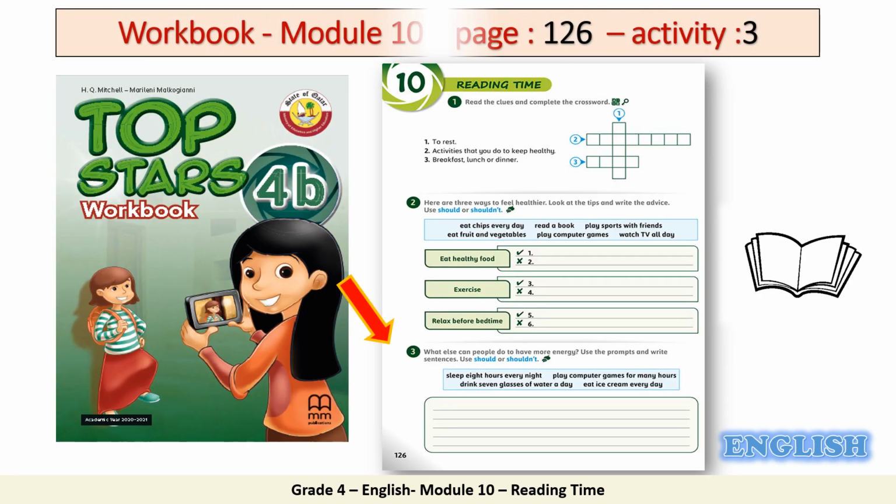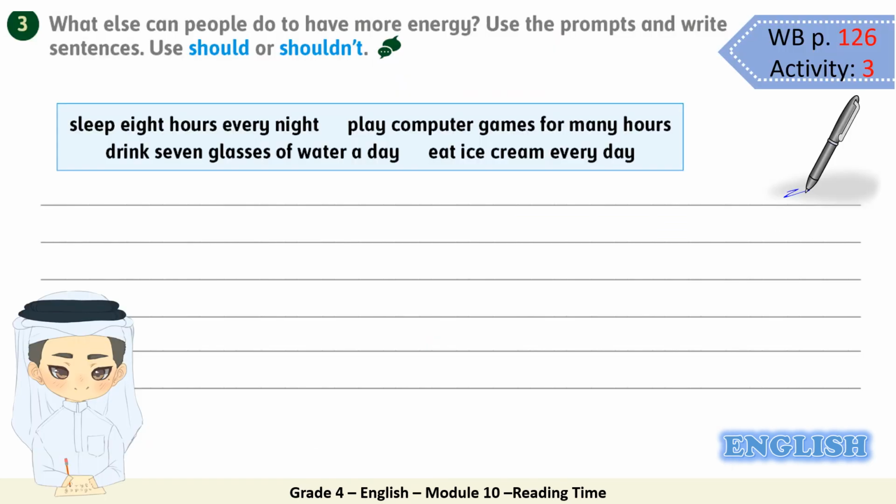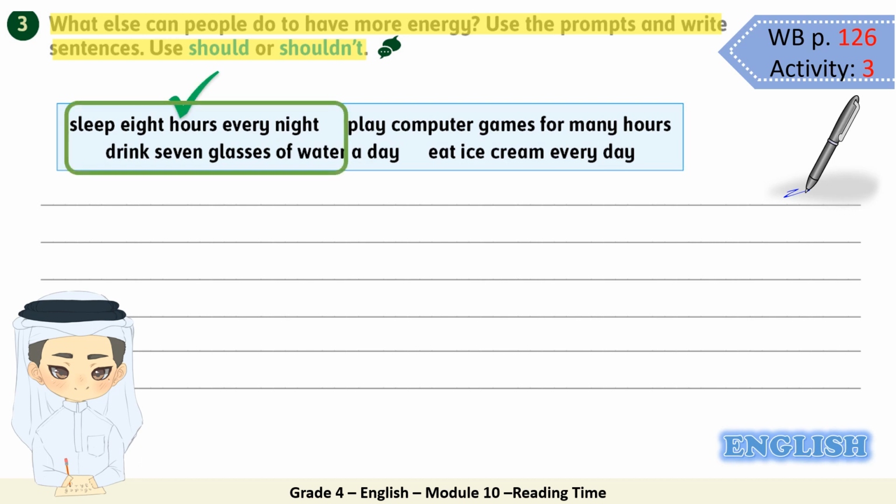Go to your workbook, page 126, and pay attention to the question in activity number 3. The question says, what else can people do to have more energy? Use the prompts and write sentences using should or shouldn't. There are actions that refer to the right thing to do and actions that refer to the wrong thing to do.